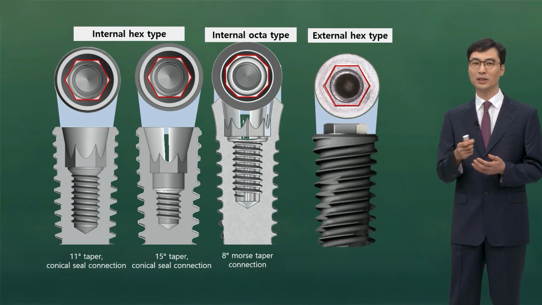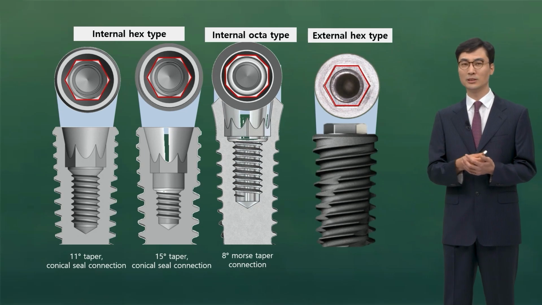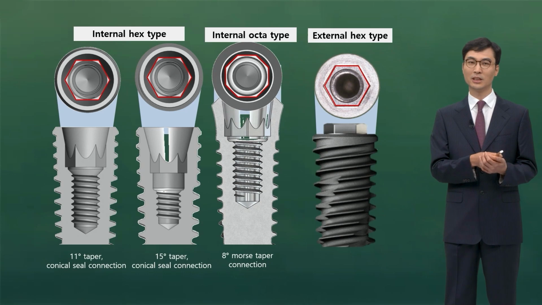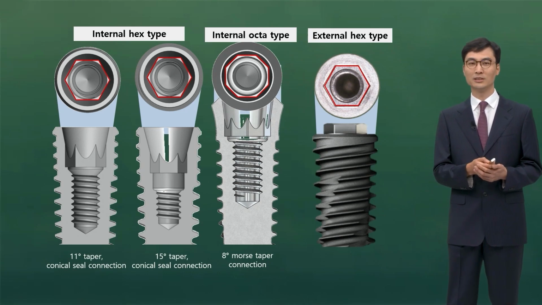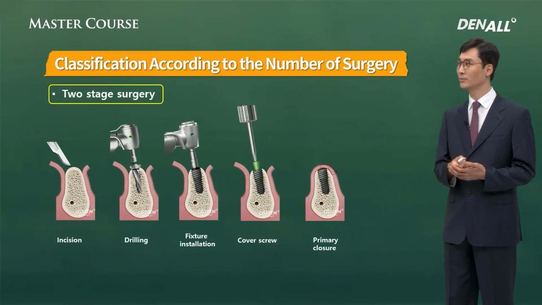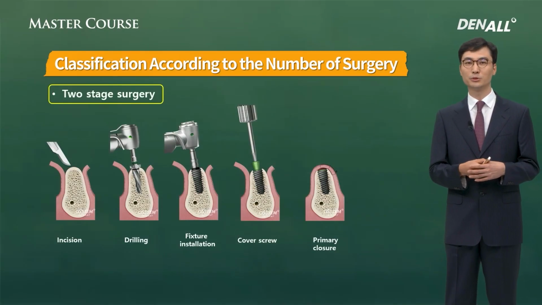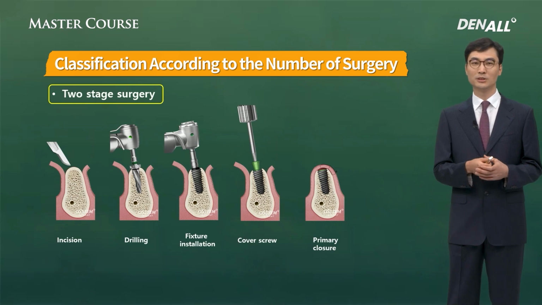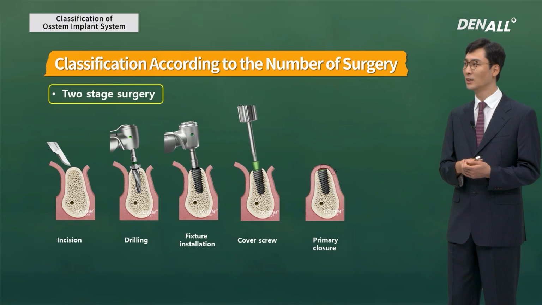So implants can be classified into internal or external types depending on the crestal part where abutments are connected. Among the internal types, there are the bone level type and the tissue level type depending on the placement level. And there is one-stage or two-stage surgery, depending on that, the submerged type versus the non-submerged type.